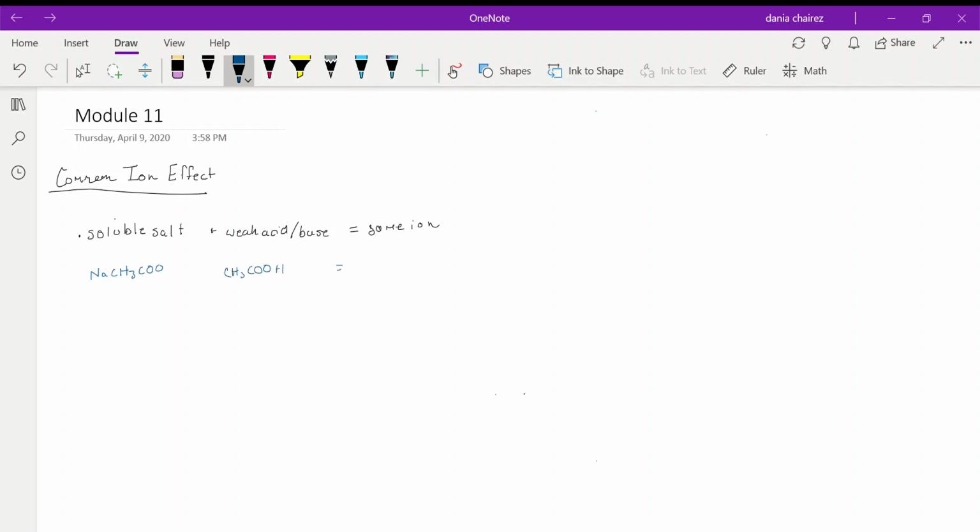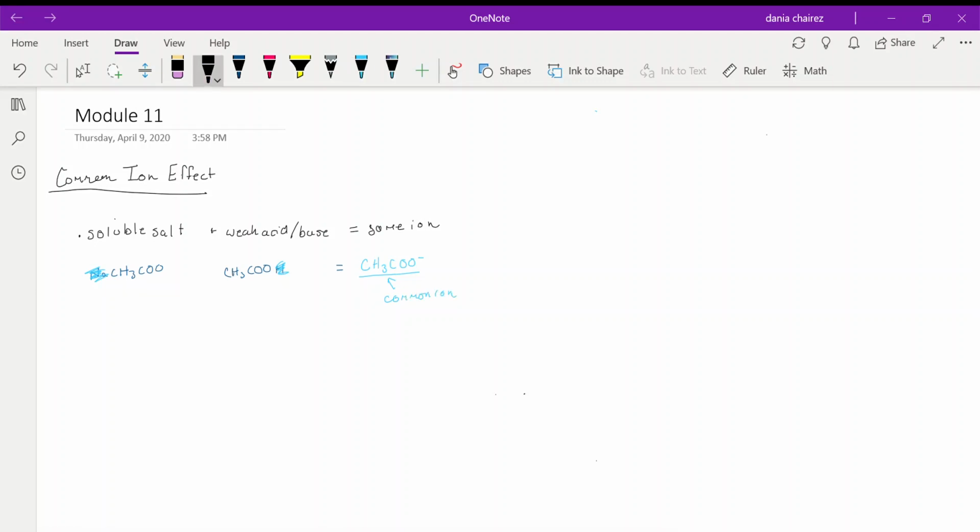They would both produce the same ion. As in, if I were to take away this H and this sodium, then we would be left over with the acetate ion, which in this case for acetic acid and sodium acetate is our common ion.